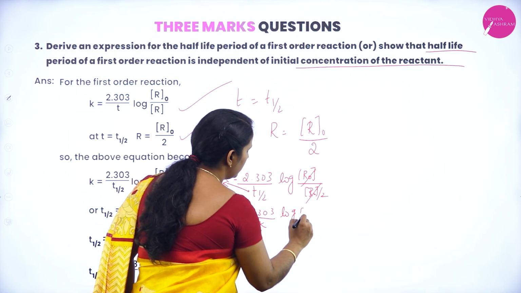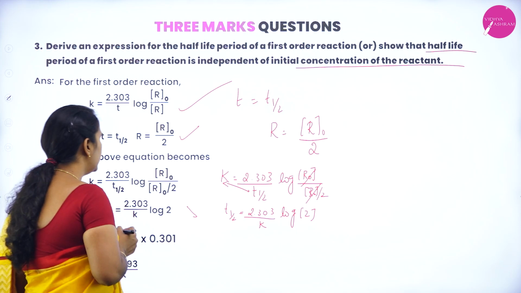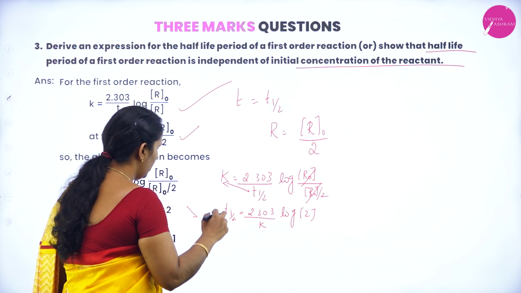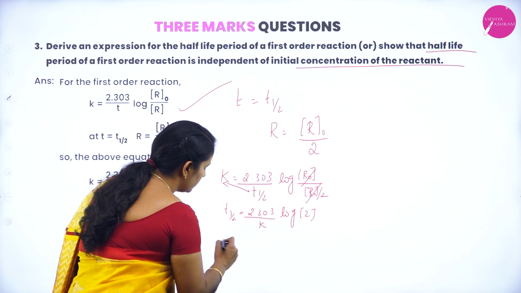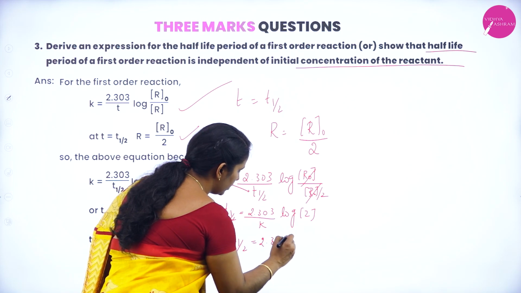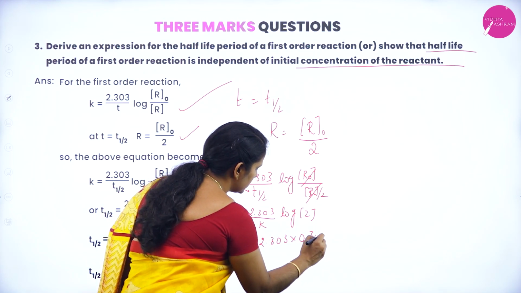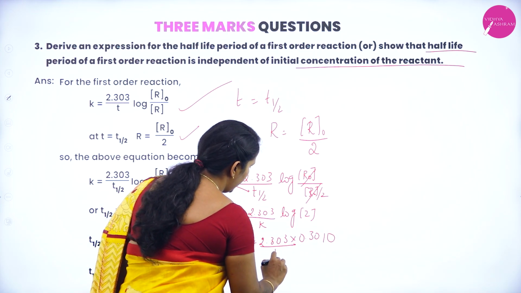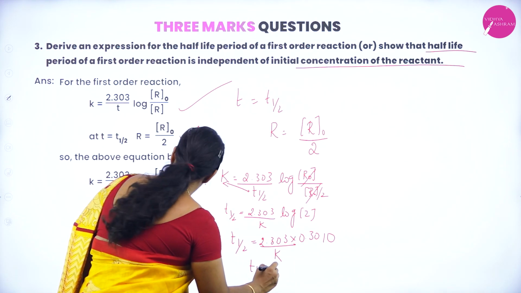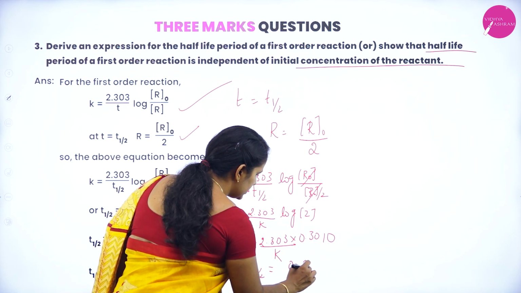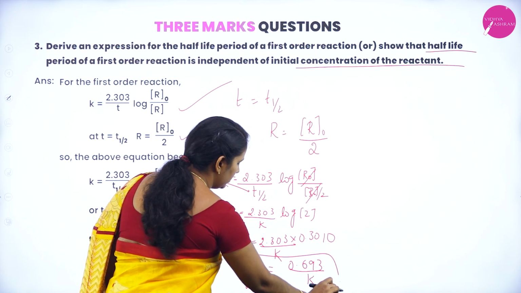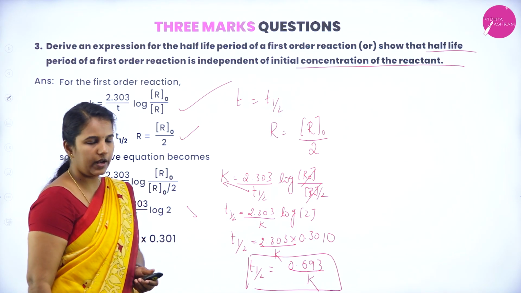Log of 2 you will get, correct? Log 2 is nothing but 0.3010. So I can write T half is equal to 2.303 into 0.3010 divided by K. If you multiply this, you will get T half is equal to 0.693 divided by K. This is the T half value.